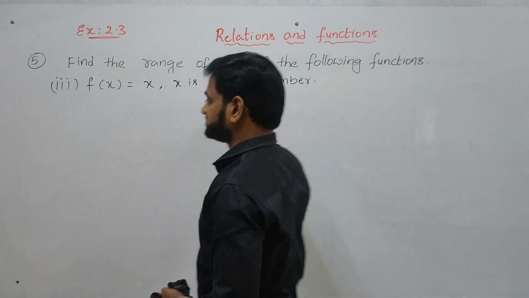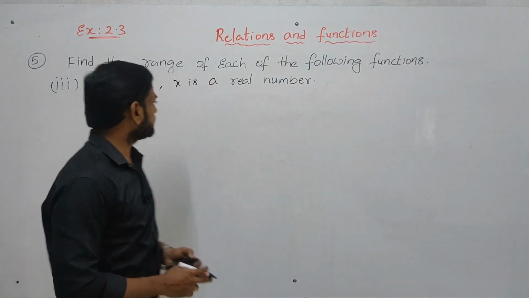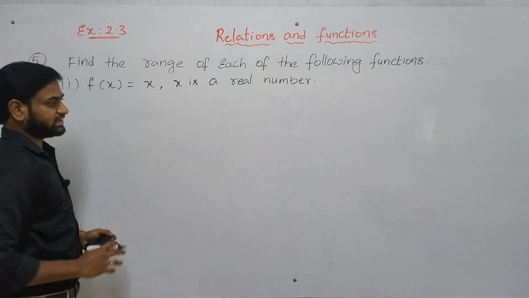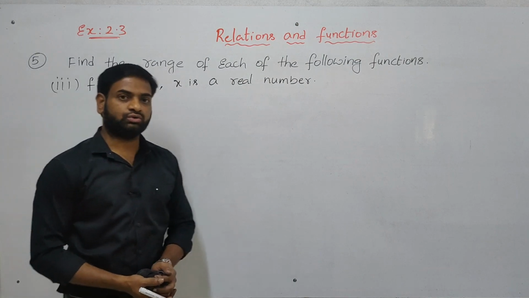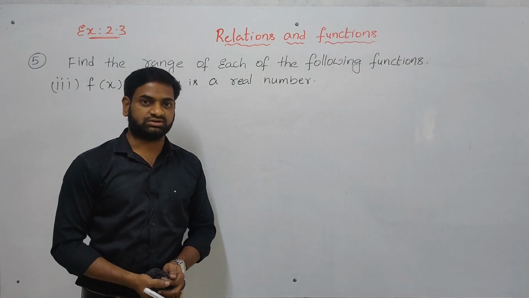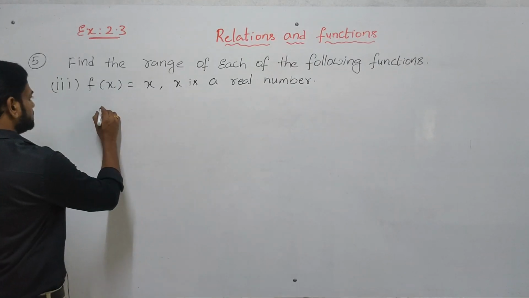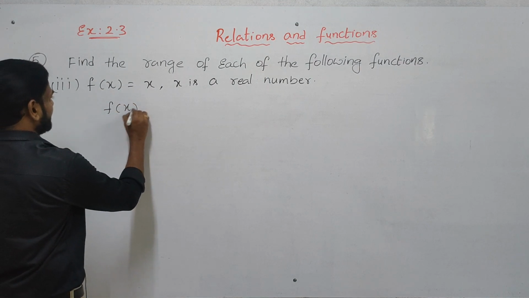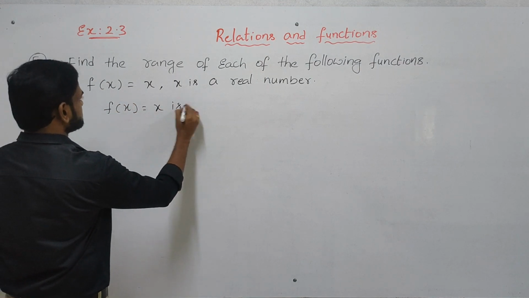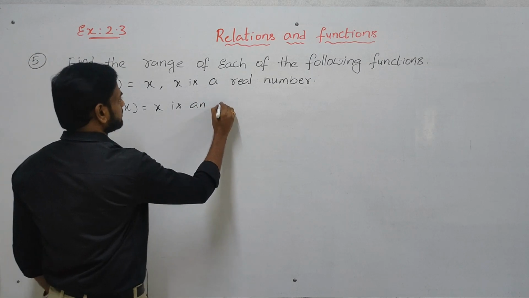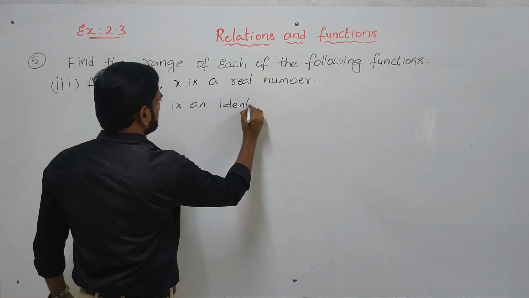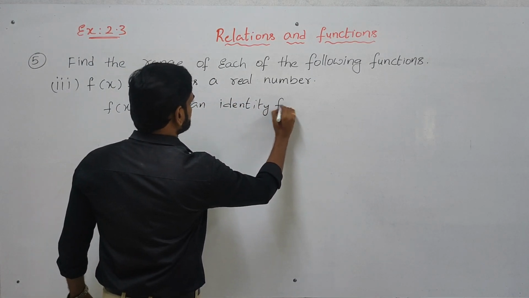See, the third one is very simple. f of x equal to x. All of you know, it is the identity function. f of x equal to x is an identity function.